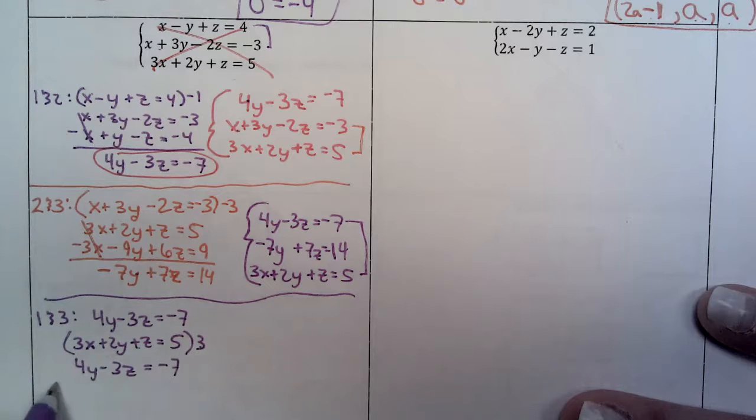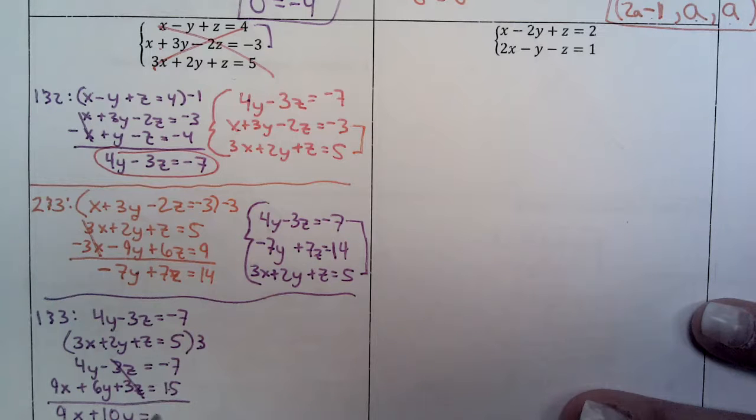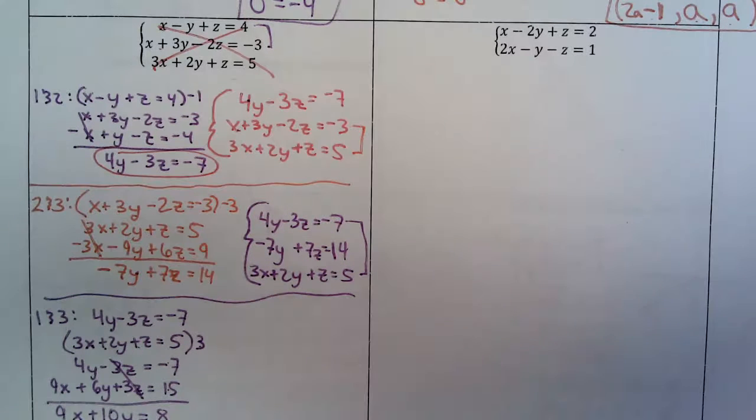Okay, so 3 times 3, I get 9x. 2 times 3 plus 6y plus 3z equals 15. Okay, so my z's are going to go away, and I'm left with 9x plus 10y equals -7 plus 15 is 8.